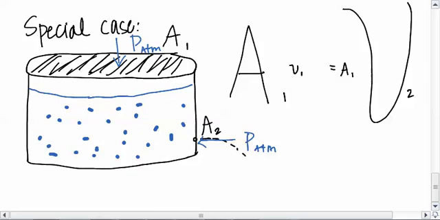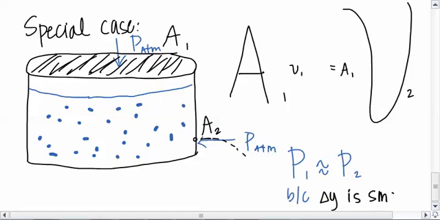And because the height difference is so small, the pressure at the top of the pool is approximately equal to the pressure at the hole, because the height, or delta y, is pretty small. For clarification, the delta y would be the distance between the top of the fluid in the pool and the hole. There's our delta y.